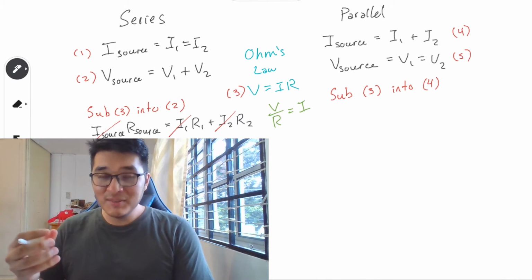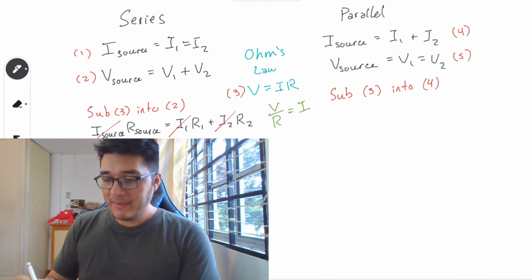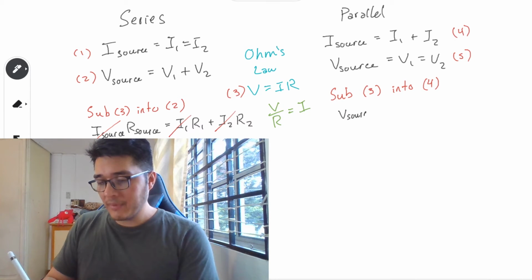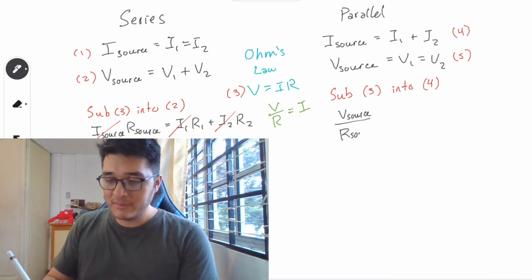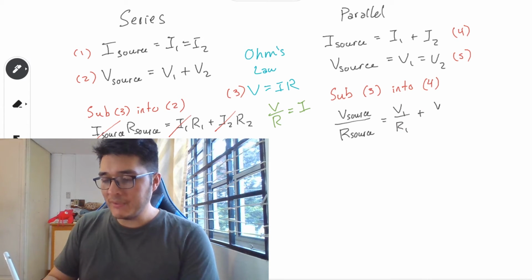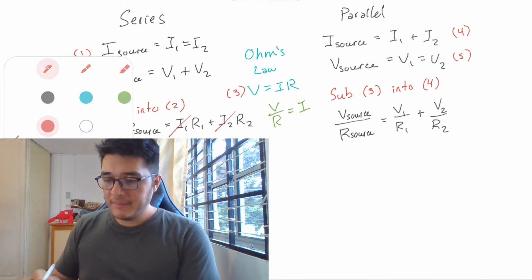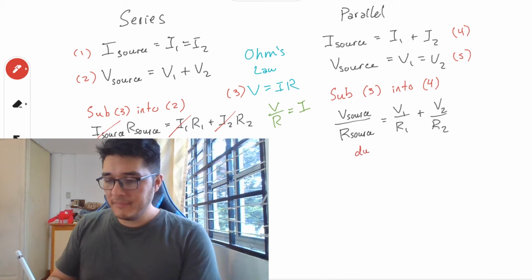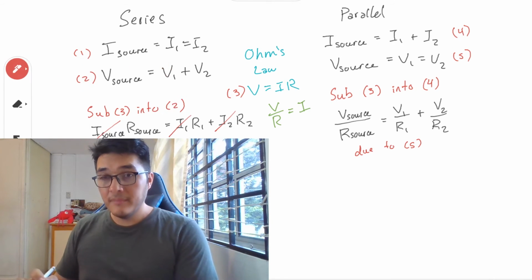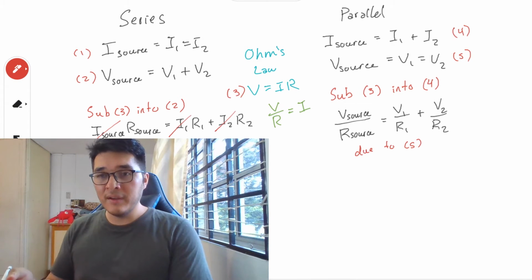Now, this new equation 3 is rearranged, and we're going to substitute that into equation 4. So what that looks like is V source divided by R source equals V1 over R1 plus V2 over R2. But now, what can we conclude out of equation 5?